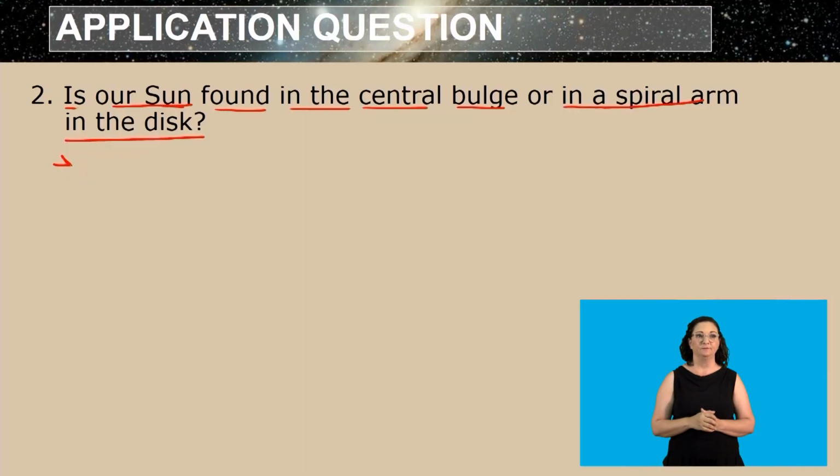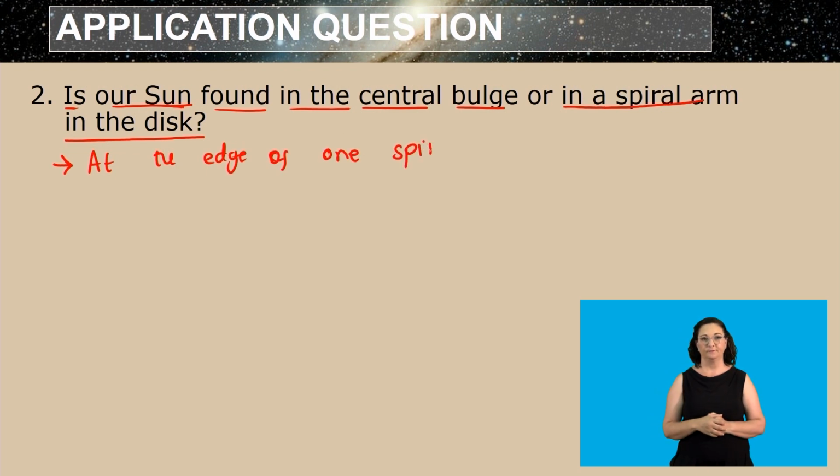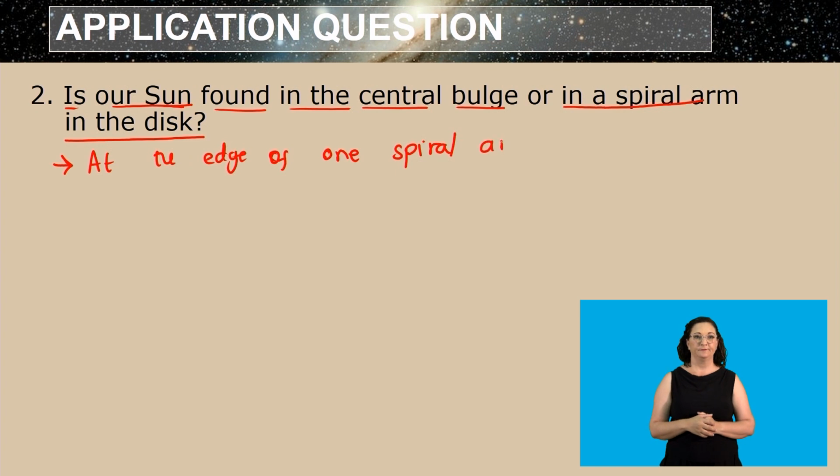So the correct answer here would be, it is found at the edge of one spiral arm disk. Okay, let's just say it like that. It is found at the edge of one spiral arm disk. It is nowhere near the center of our Milky Way galaxy.